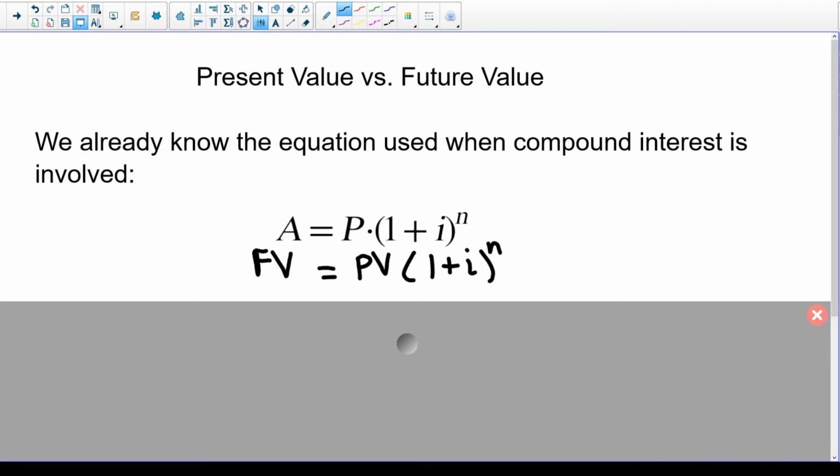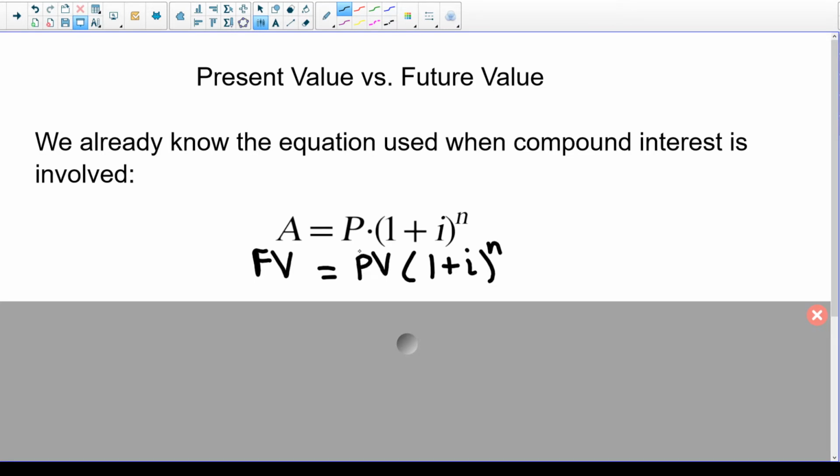Now, I personally don't like this way of writing the formula because FV to some students might actually look like two separate variables of F times V multiplying each other, and PV same thing, okay? So I never have used these versions of the equations, even if the textbooks use them.